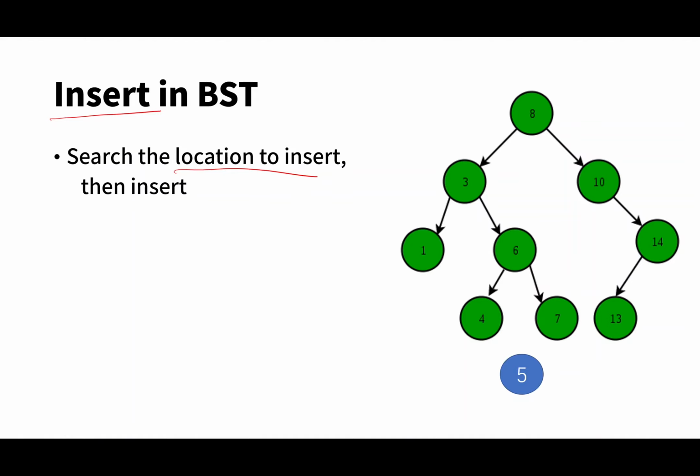We search for 5 in the tree: 5 is less than 8, larger than 3, less than 6, larger than 4. So 5 should be inserted here. So for the insert operation, we first search for the location to insert, then we insert.